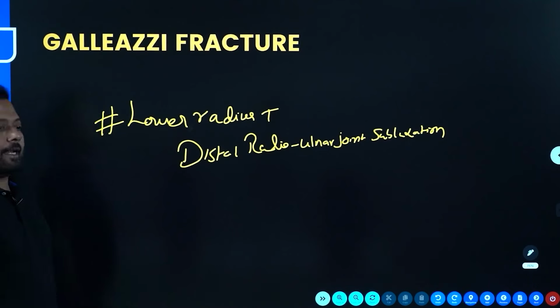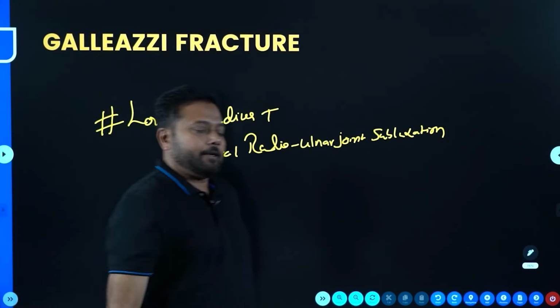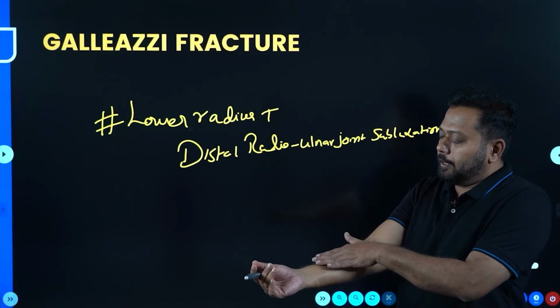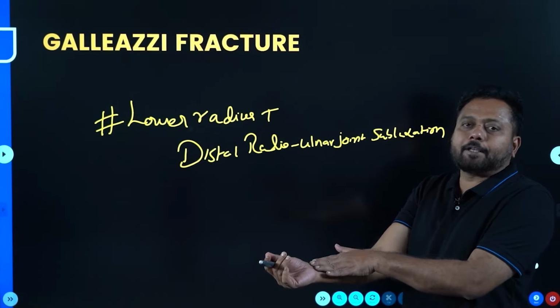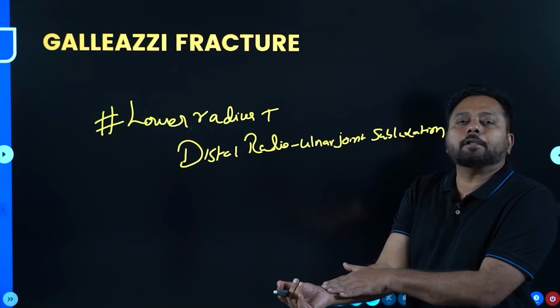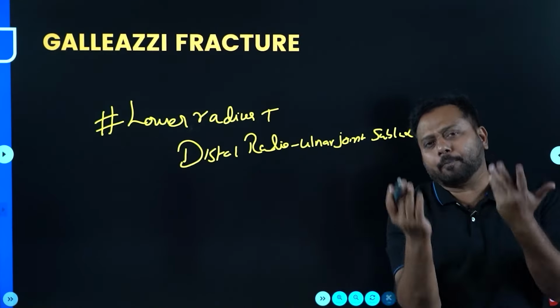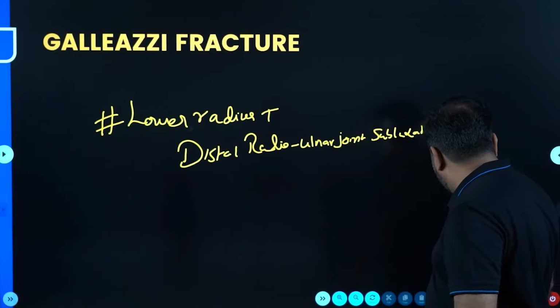So, what is Galeazzi fracture? Galeazzi fracture is fracture lower third of the radius with subluxation of the distal radio-ulnar joint. That's the definition, exact opposite to the Monteggia. I will show you in the diagram.